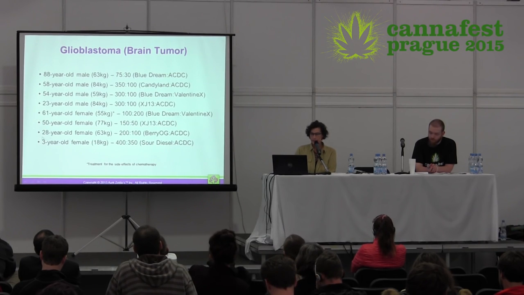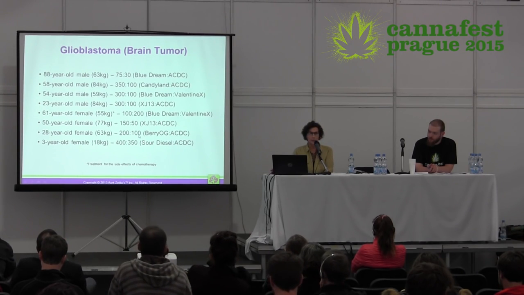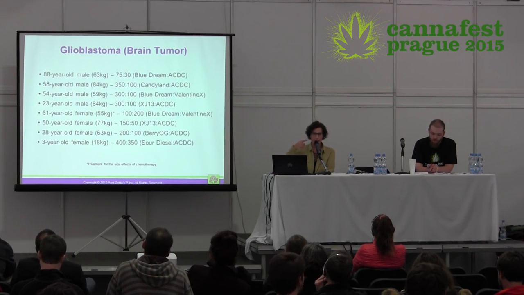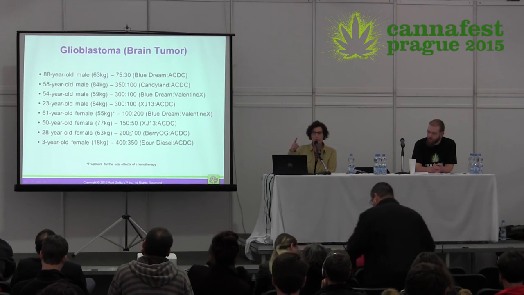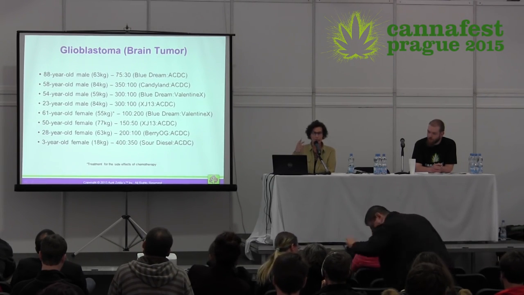This female, at age 28, was at 200 milligrams and 100 milligrams. By the way, we standardize. We always put the THC first and the CBD second so that there's an accepted nomenclature. If somebody says, I'm taking 100 to 200, I might assume they're taking 100 THC and 200 CBD.